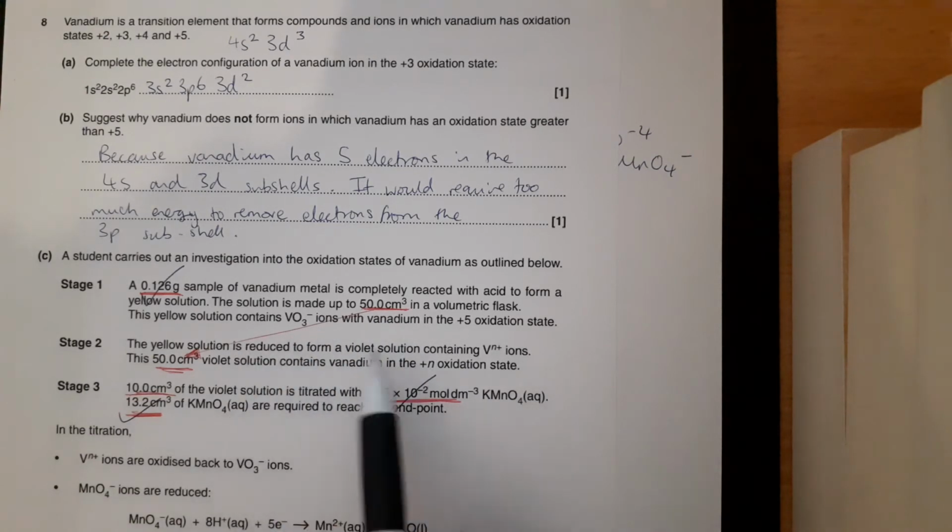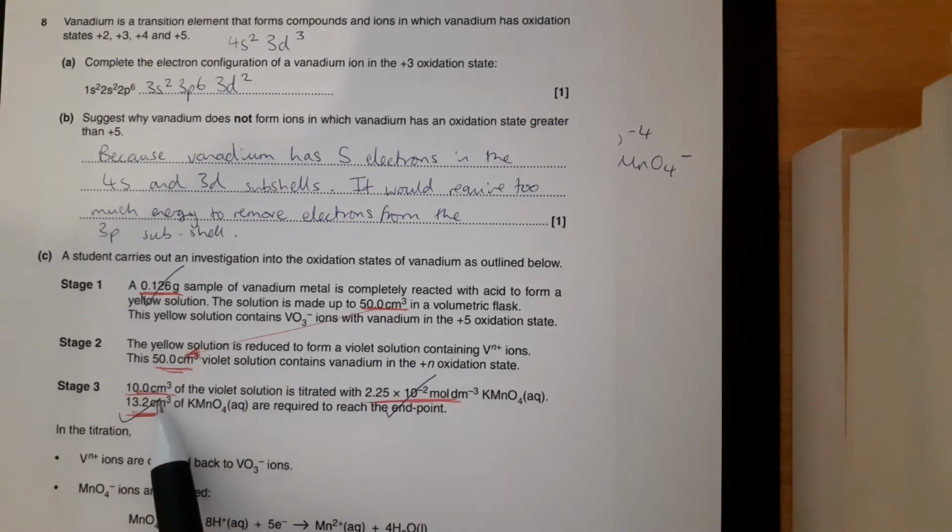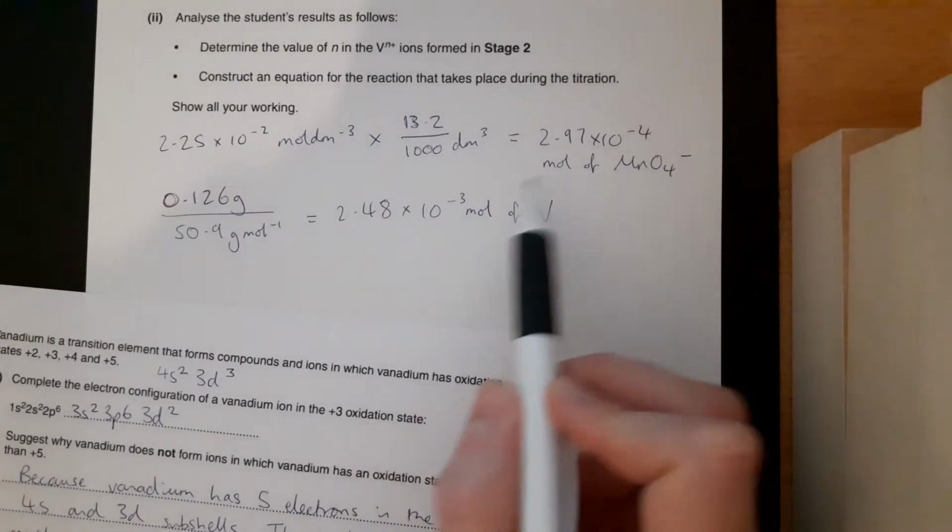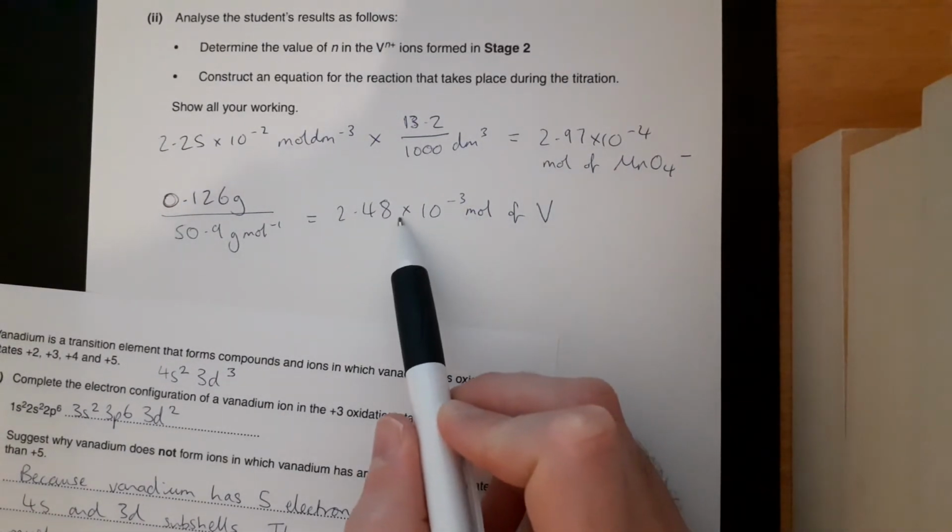Then they did some sort of reaction with it. It was still 50 centimeters cubed, but then they only used 10 centimeters cubed of it when they reacted it with the manganate. So this is not the number of moles that reacted with the manganate. This is 5 times too big. We need to divide this by 5.